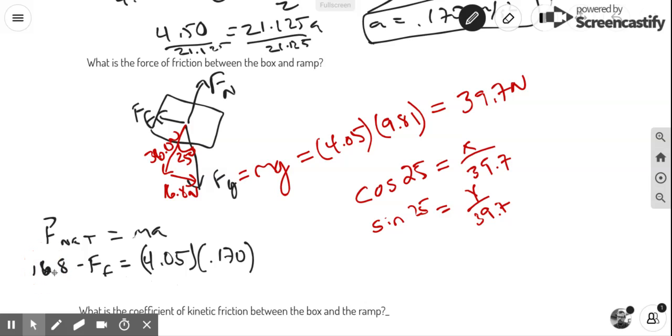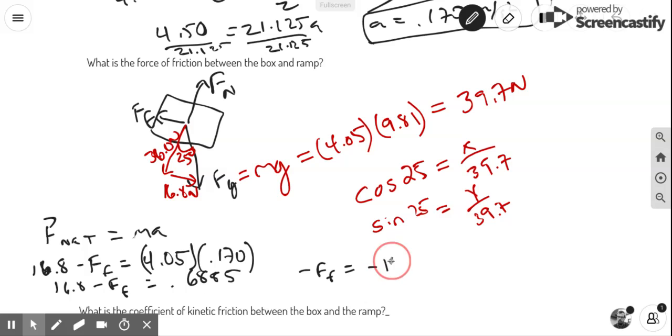That's a 16.8 again, not the prettiest. So if I work that out, 4.05 times 1.7 is going to be about 6.885. And if I've got 16.8 minus the force of friction, subtracting the 16.8 over to this side, I'd have the negative force of friction when we do 0.6885 minus 16.8.